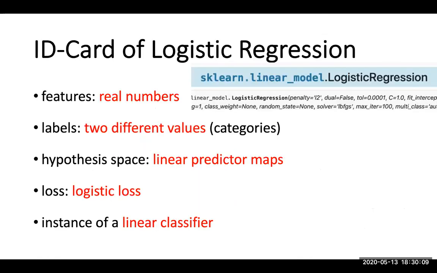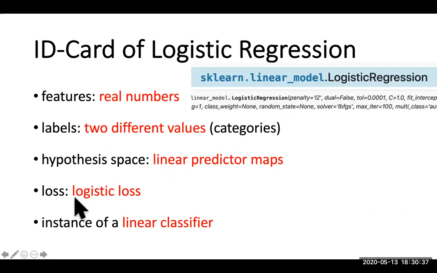We have now arrived at a first method because we have identified the data representation. We use real numbers to represent the features of a data point. We represent labels using two different values or categories, +1 and -1. We have chosen a hypothesis space, which is the set of all linear maps, linear predictor or classifier maps.